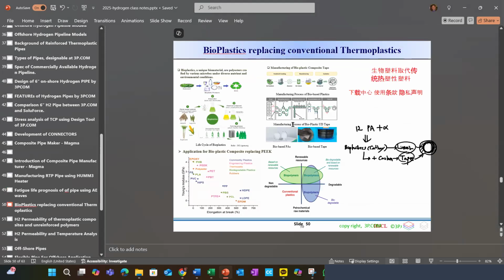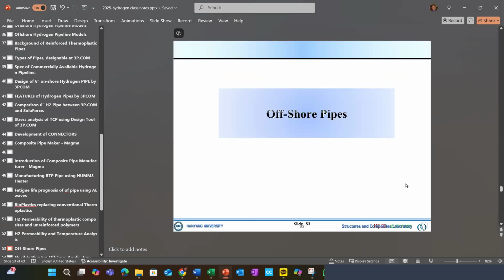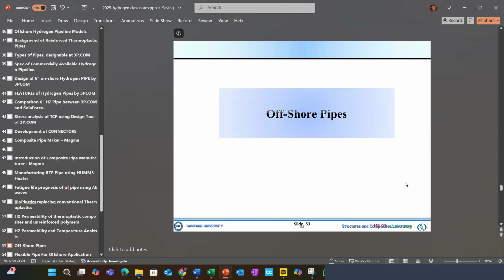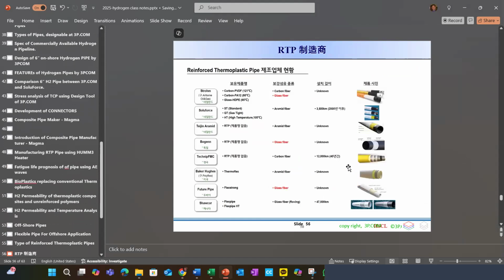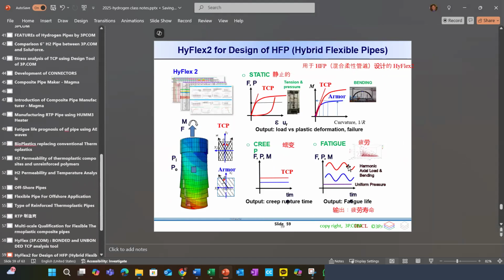Anyhow, there is a topic on bioplastic, but that's not the main point. Actually, this is the offshore pipe, again with similar topics as I mentioned. This is a design program we developed, the HyFlex program. It is a world number one tool to design this TCP, covering all kinds of inner pressure, bending, creep, and fatigue.